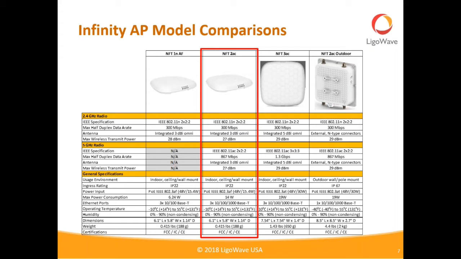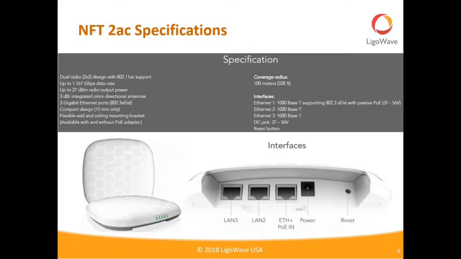So I'm going to dive now into the NFT2AC and the specifications for that, and you'll see that the specifications are pretty standard for an 802.11ac dual band 2-stream AP.